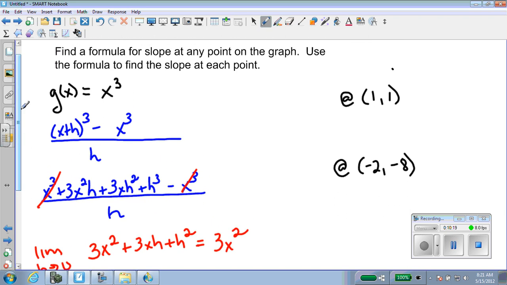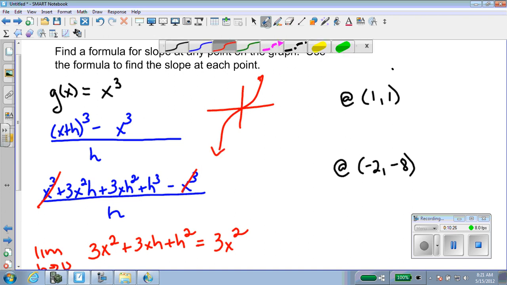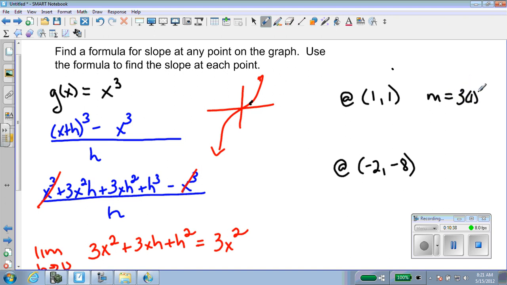Okay, well this graph, we know x cubed looks like this. So at 1, 1, if you envision the tangent line, we're expecting a positive slope. 3 times 1 squared, 3.